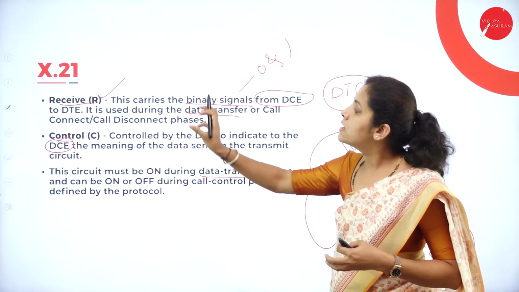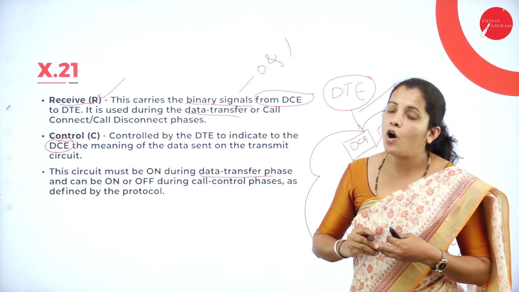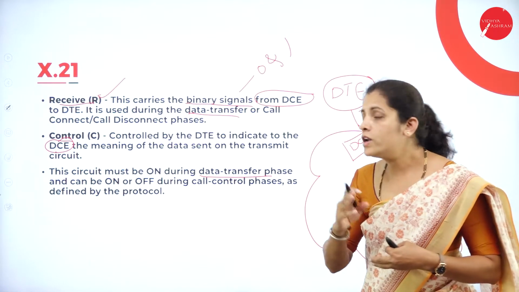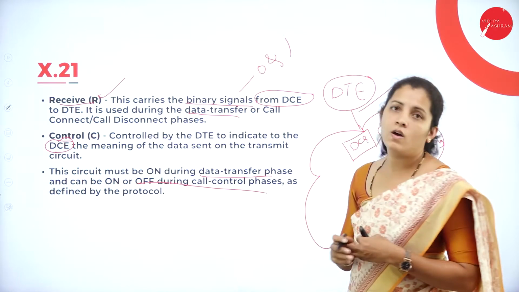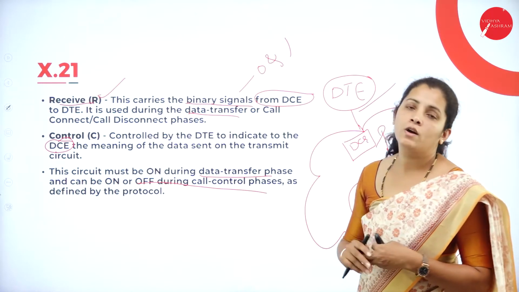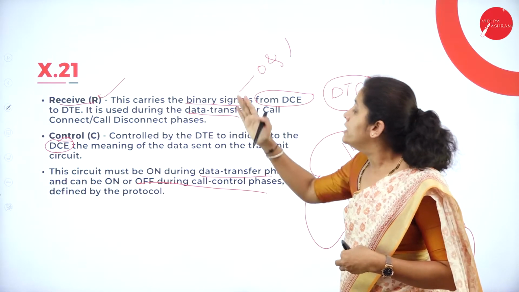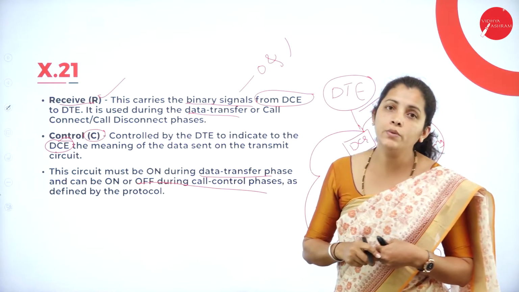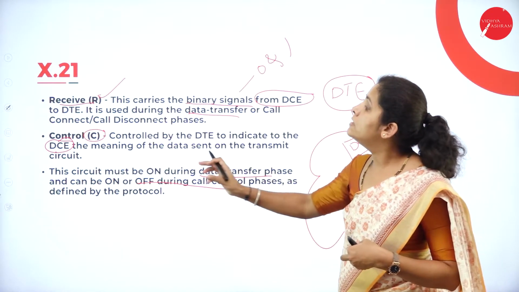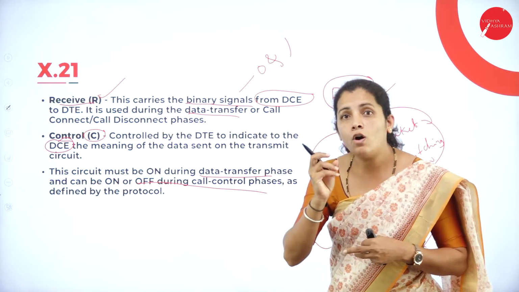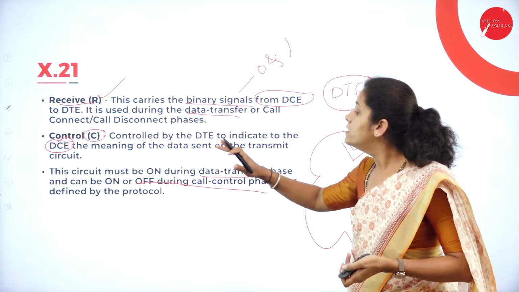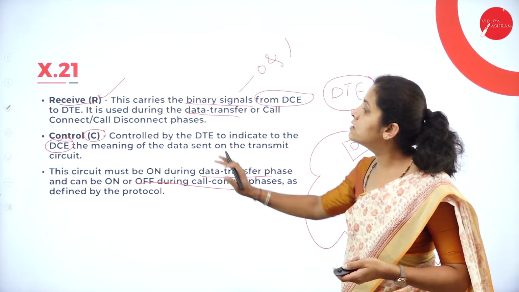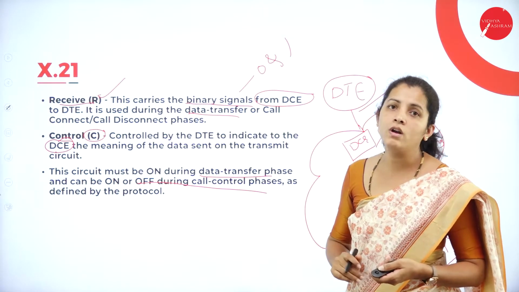That means this control C signal is always on during the data transfer, and it can be on or off during the call control phase or call disconnect phase. That means during the call control phase the control signal may be on or off.